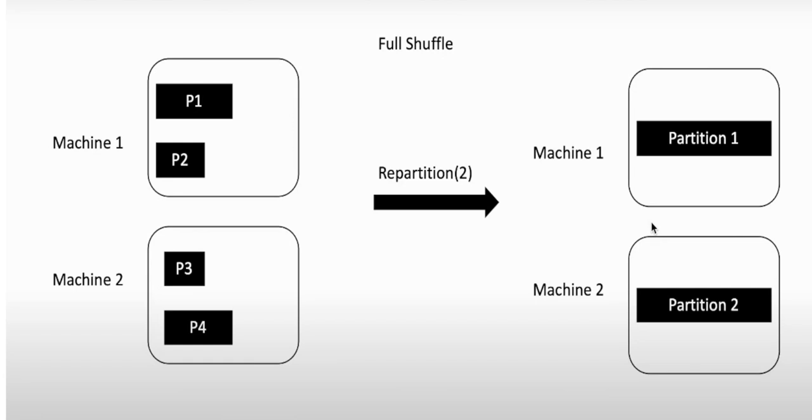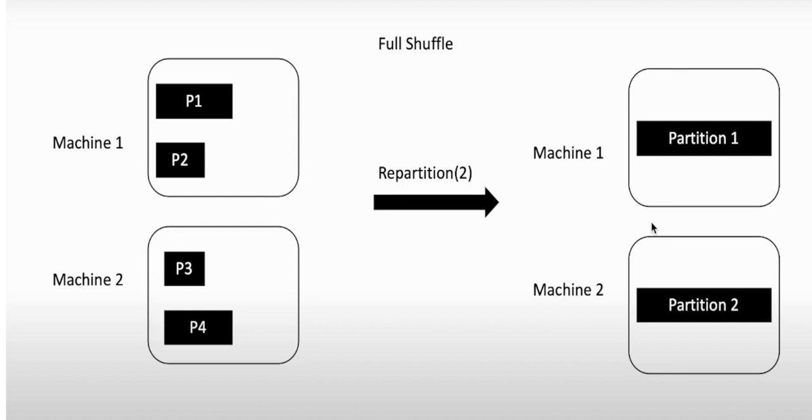While creating these two partitions on the right side, it will do a full shuffle between the machines, meaning the data movement between the machines will happen in a full shuffle way, and it will try to create two partitions with similar size.